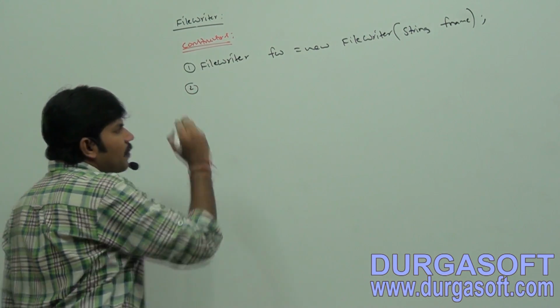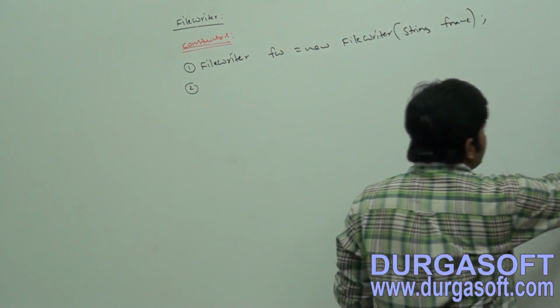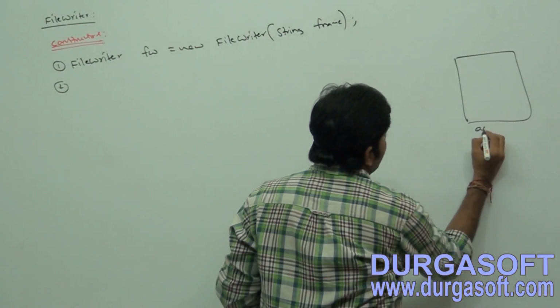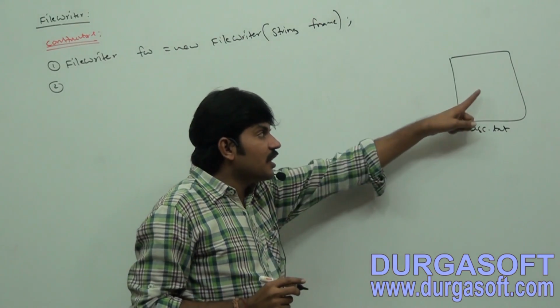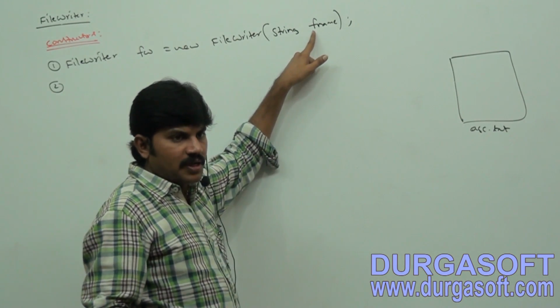Now suppose this is my file abc.txt, I want to write data to the file. This abc.txt name you can spell out, no problem at all.